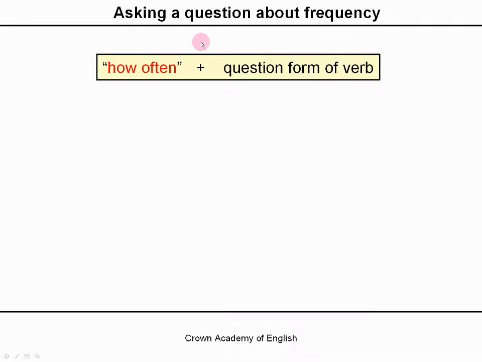So, how do we ask a question about frequency? Well, we use the structure how often followed by the question form of the verb. Example: how often do you play football?